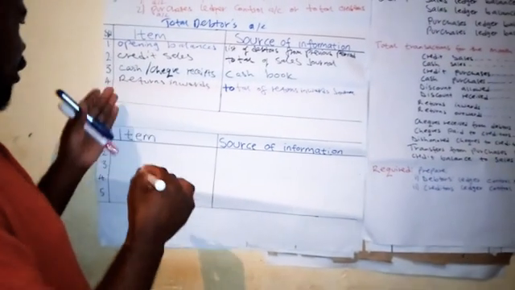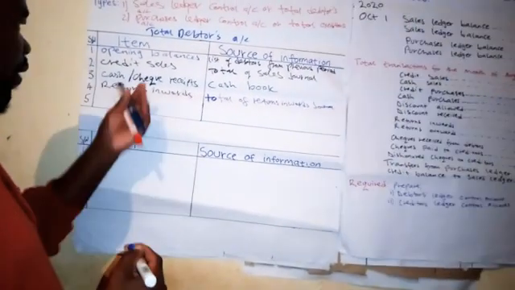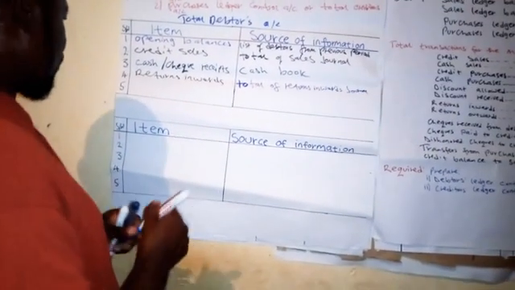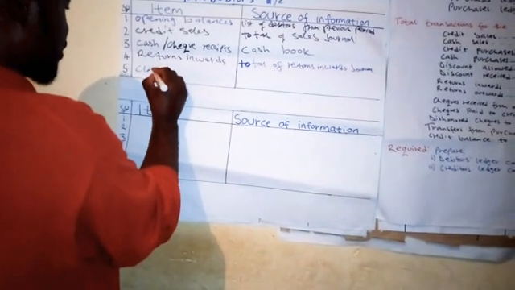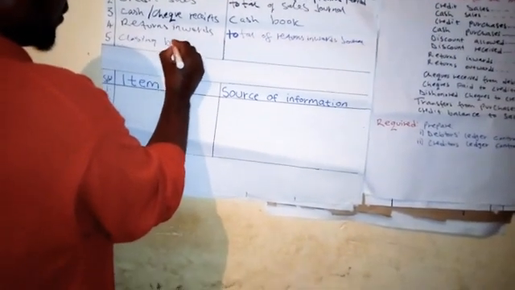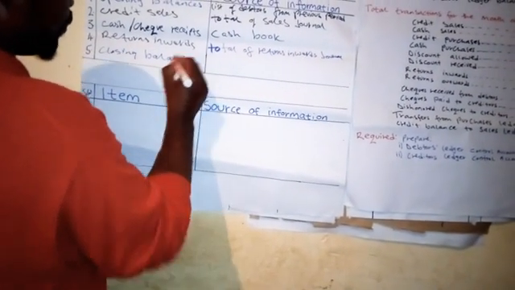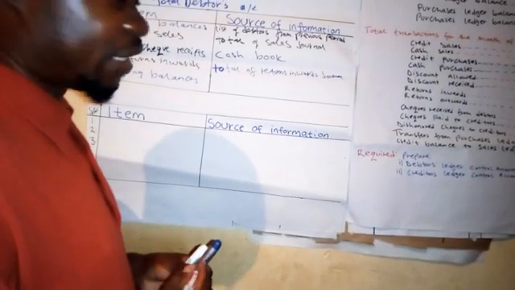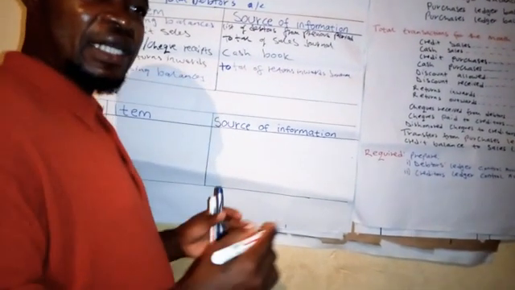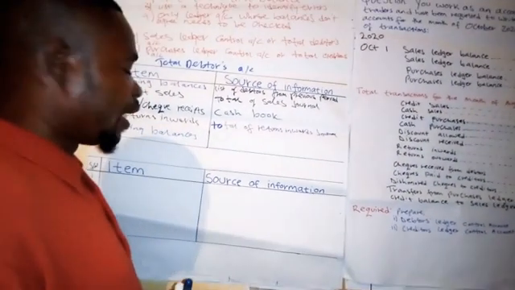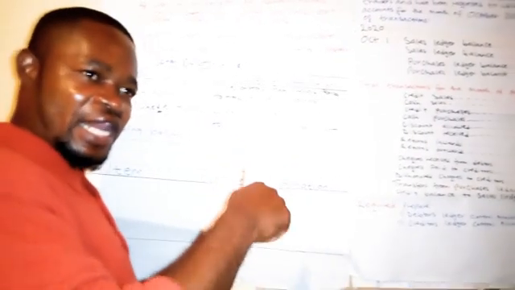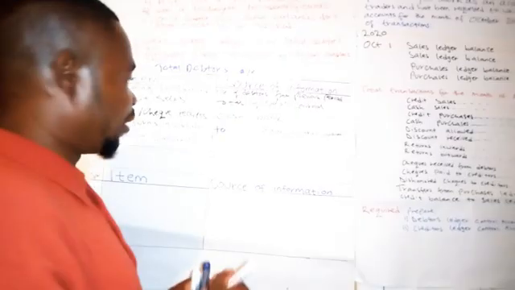Okay, then for my presentation, I'll end on the fifth one. Of course, we may have some other items, but the fifth one we'll say closing balances. Now, the closing balances, these are taken from the list of debtors at the end of the current trading period.